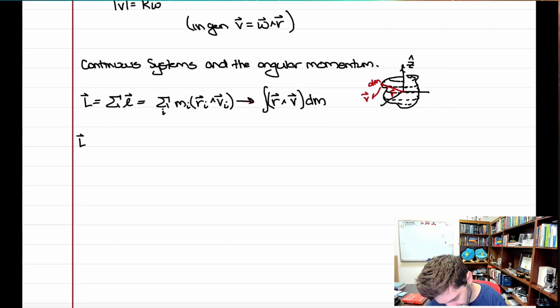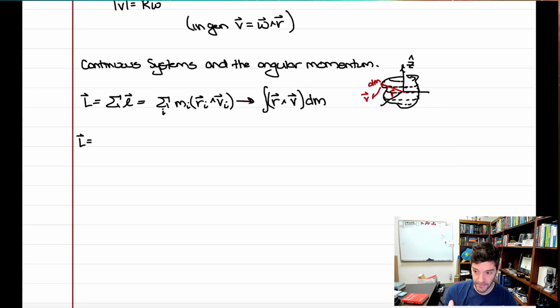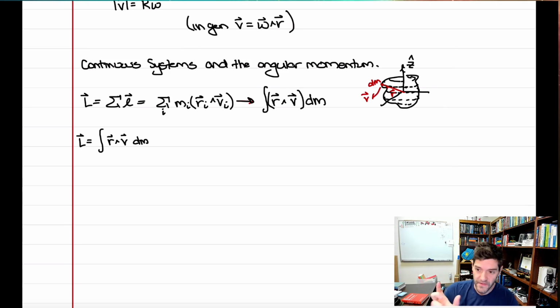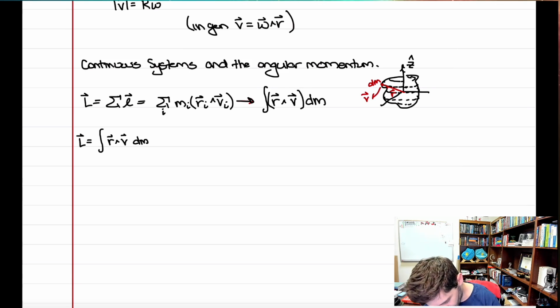Let's see if we can simplify this in the case of rigid body rotation and see what we get. So again, this is the integral of r cross v, all integrated over dm. v, however, for these rigid bodies, we can write generally as this integral of r cross, and then this is omega cross r, all integrated over dm.